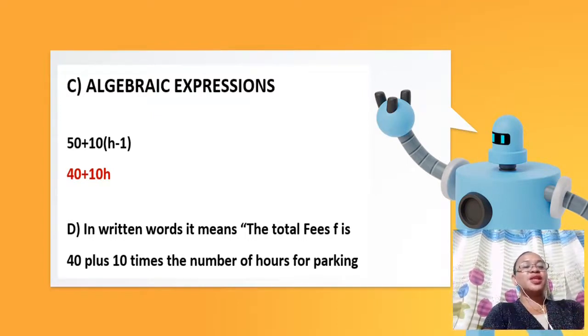So, in written words, it means the total fee, F, is 40 plus 10 times the number of hours of parking. So that is the meaning of that algebraic expression.